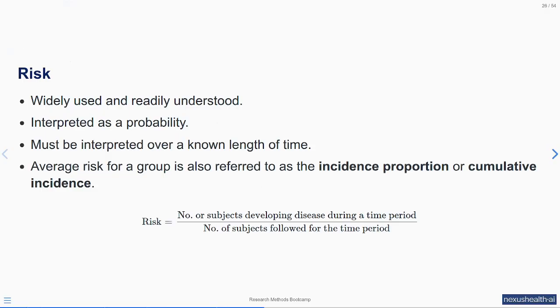It's calculated as the number of subjects developing disease during a time period divided by the number of subjects followed for the same time period. So it's basically a probability measure: those who develop the disease over the total number of people that have been followed up for that same time period.